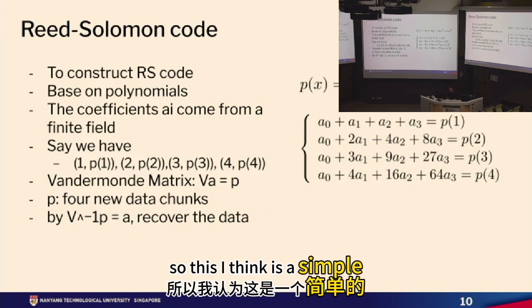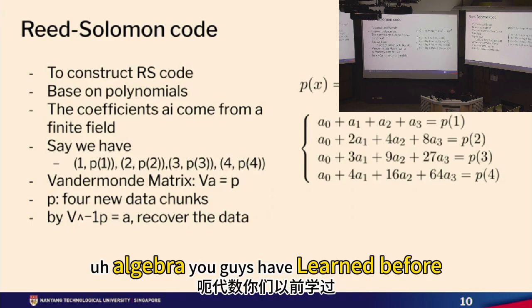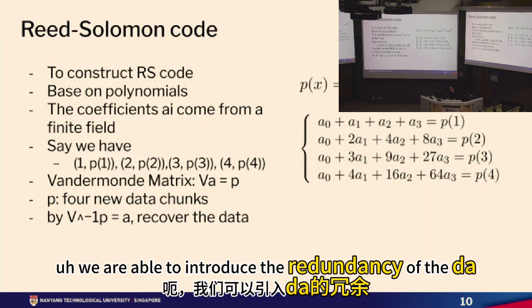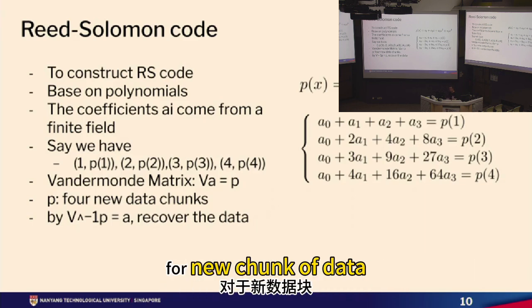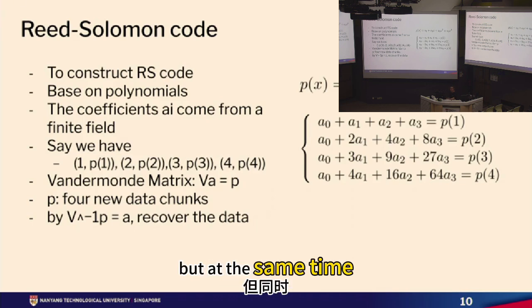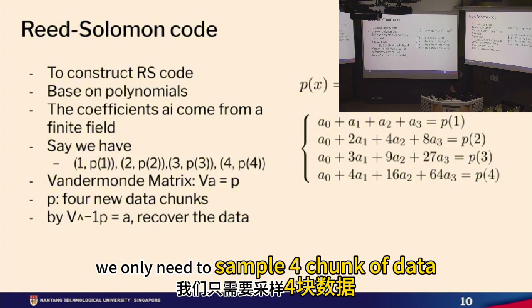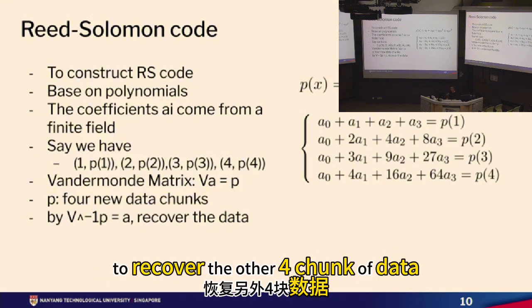I think this is simple algebra you have learned before. So by applying this, we introduce redundancy for the DA with new chunks of data, but at the same time, when we sample, we only need to sample four chunks of data to recover the other four chunks of data.